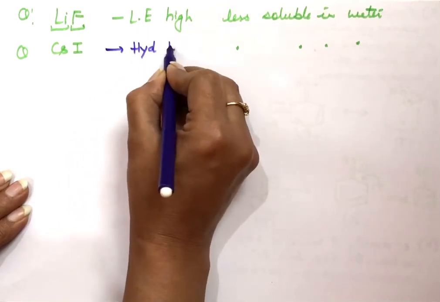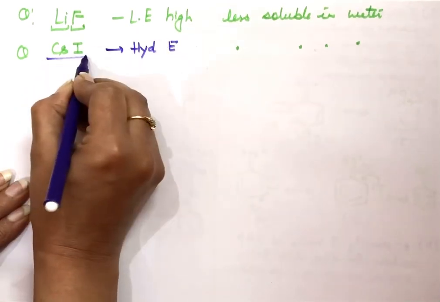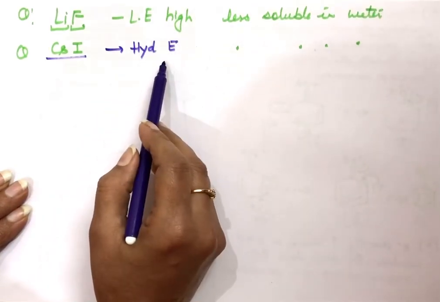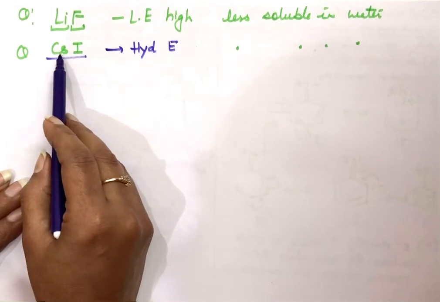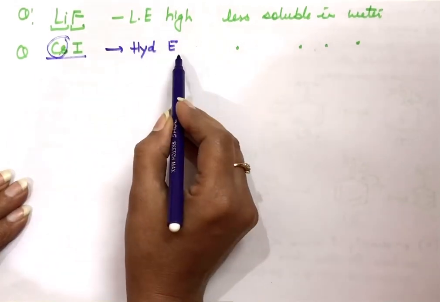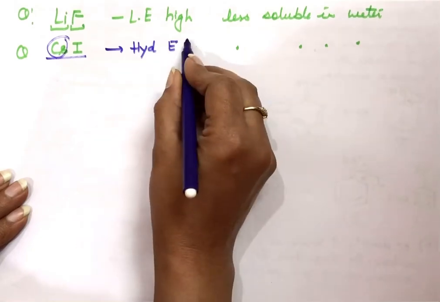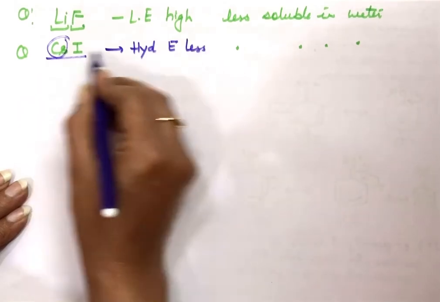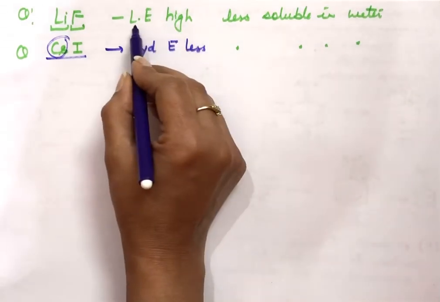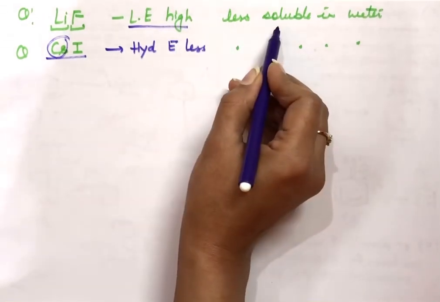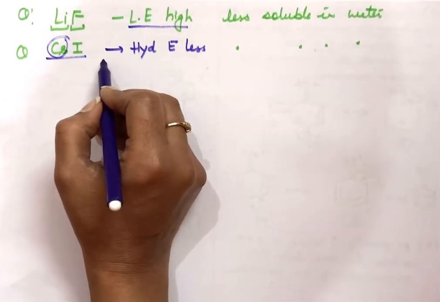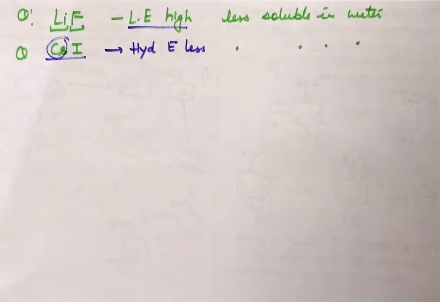In this chapter, we have to see according to the question whether to answer using lattice energy or hydration energy. The size of the cation is very big here. If the cation size is big, hydration energy will be less, so it will not dissolve in water. While for lithium fluoride, lattice energy is high, so it is not very soluble. So both are less soluble in water, but the reasons are different.